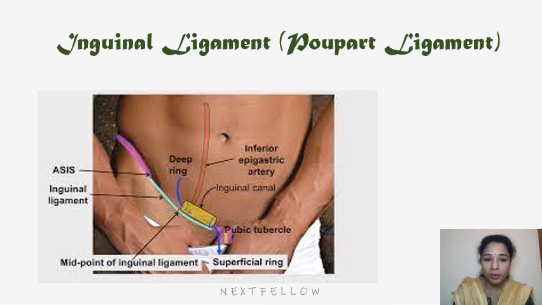The medial part of the inguinal ligament forms the inferior border of the inguinal canal, and the lateral two-thirds of the inguinal ligament goes, and here you can see its attachment to the anterior superior iliac spine laterally, and medially it attaches to the pubic tubercle and forms the floor of the inguinal canal.